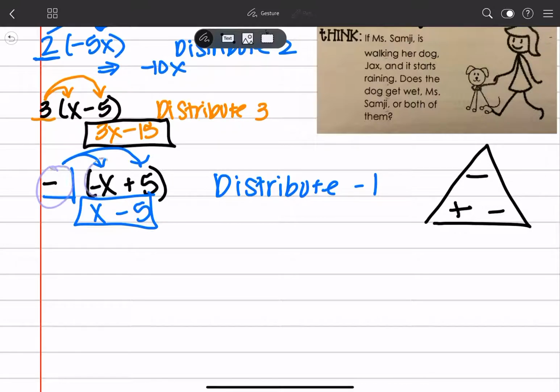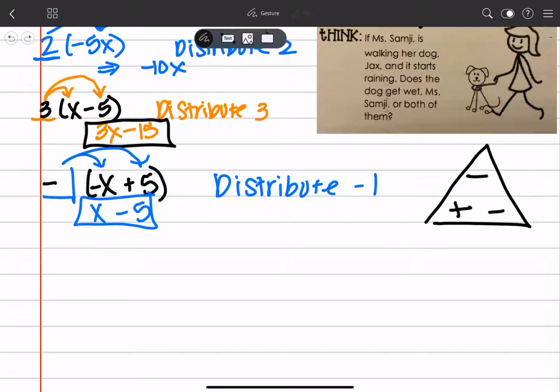This was a negative times a negative. So if I cross this out with my finger, because I can't show you that on here. Ta-da! Or I could do a negative times a positive. And the only thing that I have left when I do that is my negative.